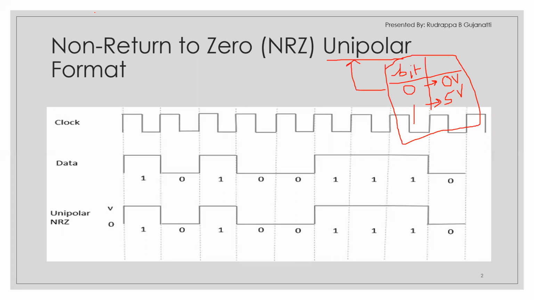I am not speaking about NRZ or RZ yet. In unipolar format, bit 0 is represented with 0 volt, bit 1 with 5 volts. Slight changes in those will give us non-return to zero and return to zero.